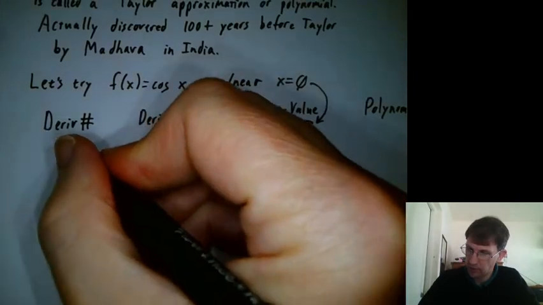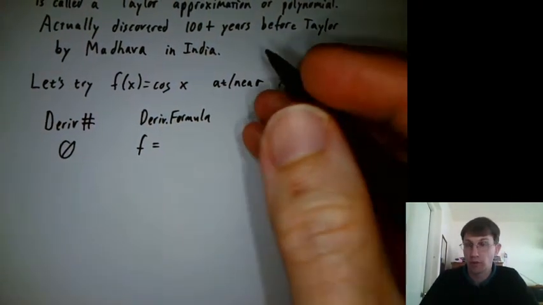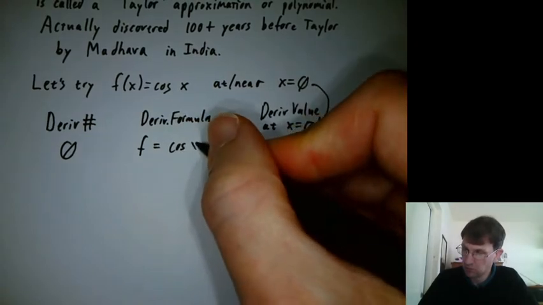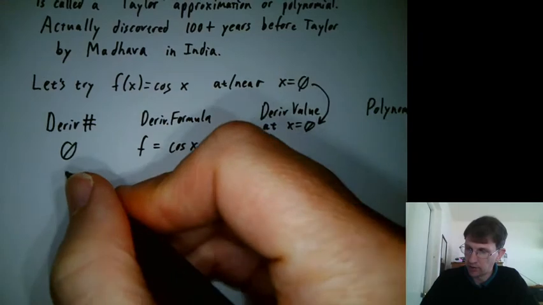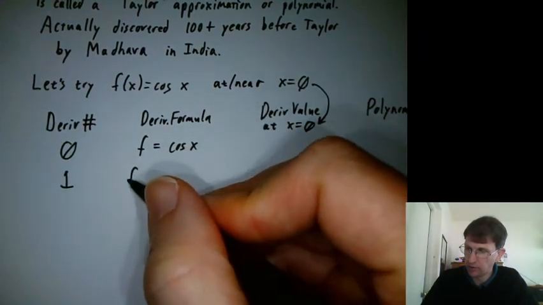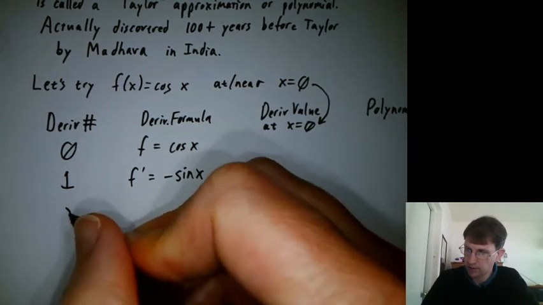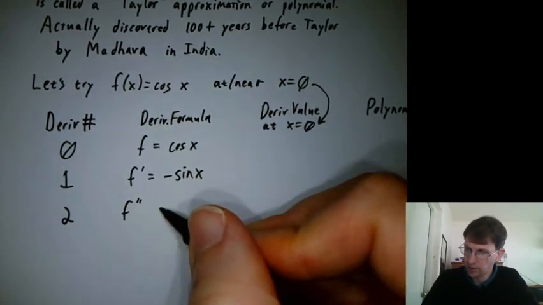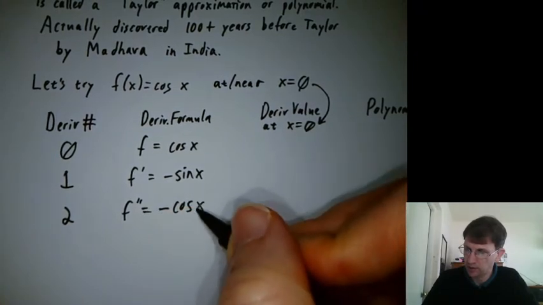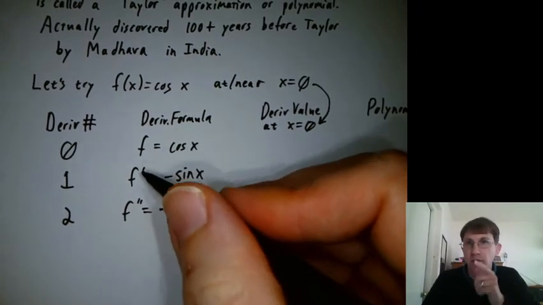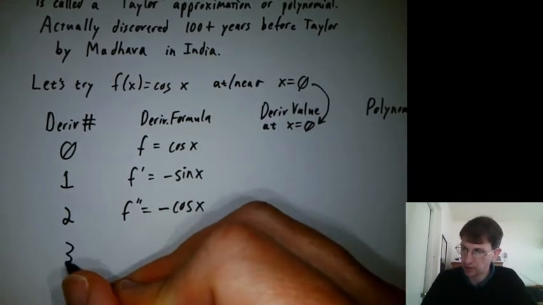So let's do the zeroth derivative. What's the zeroth derivative of cosine? Cosine. And we'll fill in this column later. Let's just do the derivatives for now. What's the first derivative? It's negative sine. Second derivative is negative cosine. You don't actually have to write the f prime, f double prime if you don't want to. I'm just doing that for pedagogical purposes at this point.